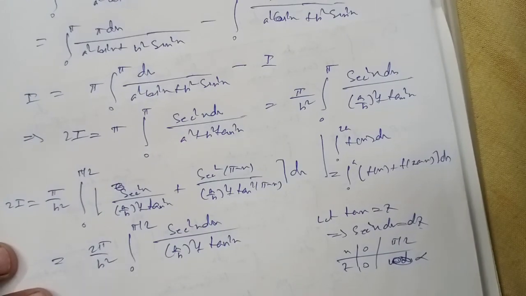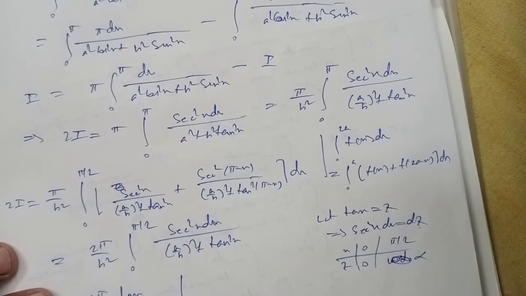Now we have to do a limit here. 2 pi by b square, limit epsilon tends to infinity, 0 to epsilon, dz by (a by b) whole square plus z square.